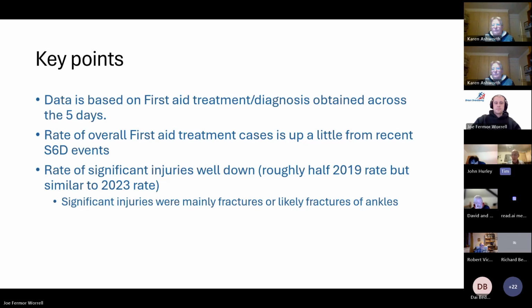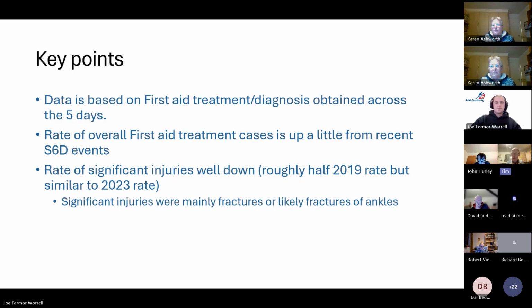But the problem with looking at first aid cases is that there's a sort of variability as to when people go to the first aid tent. My theory is it's to do with where the first aid tents are located in relation to the finish and download.